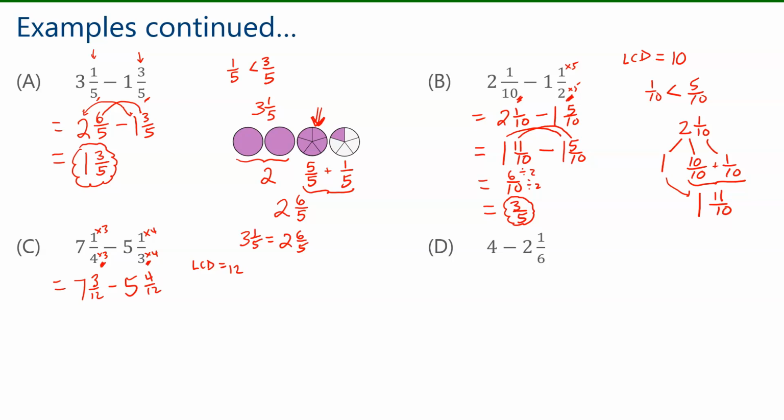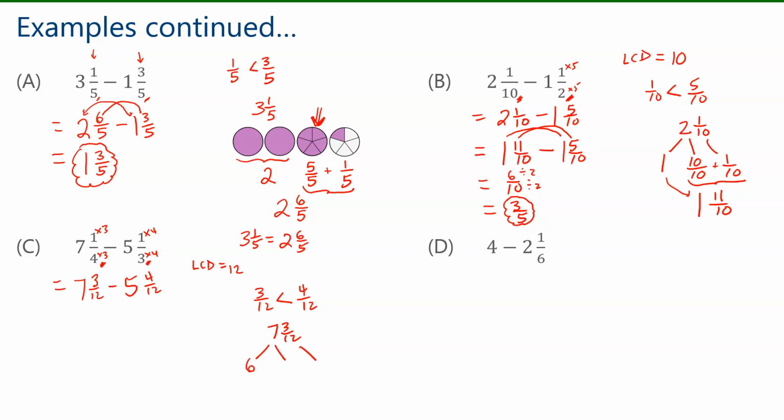Now we have a close look at those two proper fractions. We have a 3 over 12 and a 4 over 12. What do we know? We know that 3/12 is less than 4/12. Situation B. So now we take our minuend, 7 3/12. I'm going to turn that into a 6.